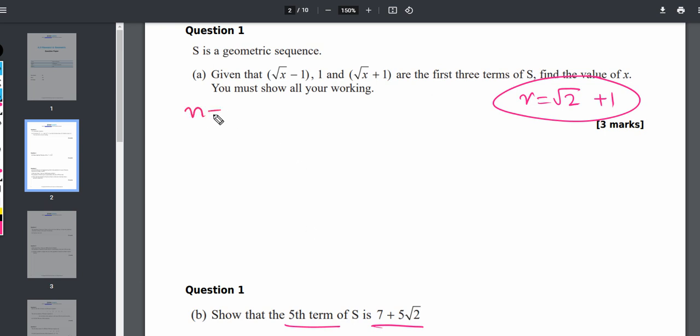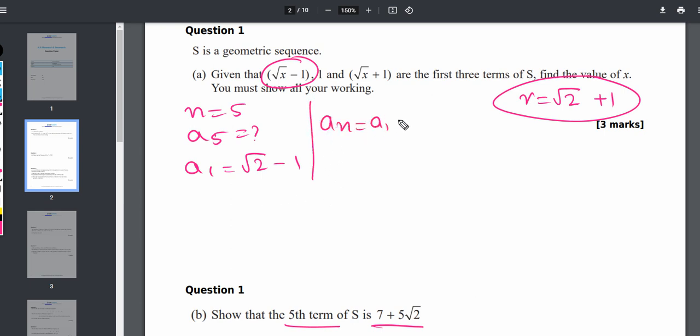So I'll say that n is equal to 5, and I have to find out a of 5. The common ratio is given, and the first term of this sequence is under root x minus 1. So a1 is equal to under root 2 minus 1, because the value of x is 2 now. I'll use the formula for the nth term: a of n equals a1 times r to the power of n minus 1.